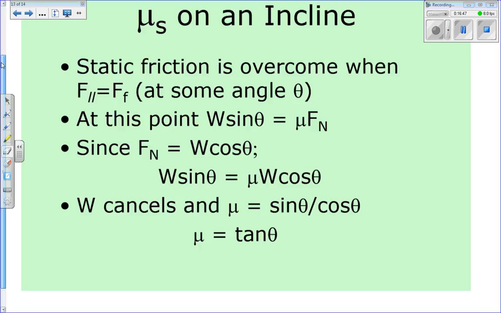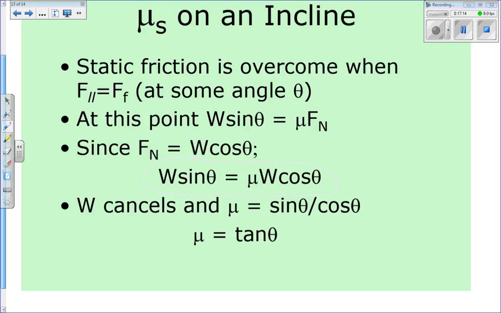At that point, the weight of the object times the sine of the angle is equal to the coefficient of friction times the normal force. And since the normal force is equal to the weight of the object times the cosine of the angle, we can substitute that into the equation for normal force.